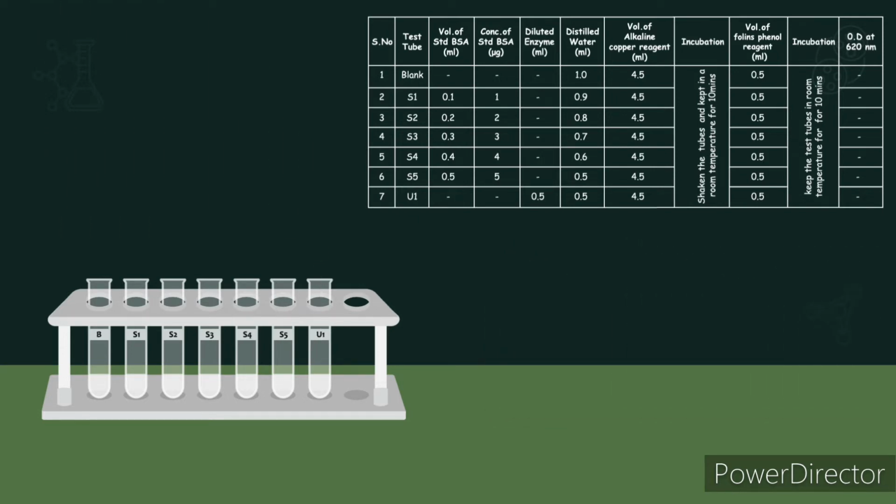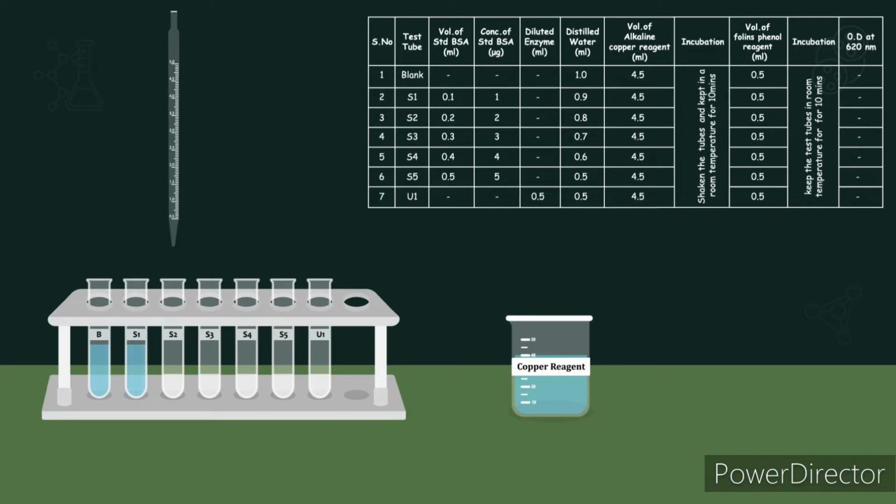Blue color for protein estimation using Lowry's method at 620 nanometer, while the DNS method is 520 nanometer.